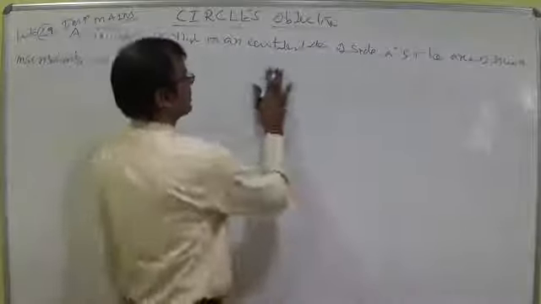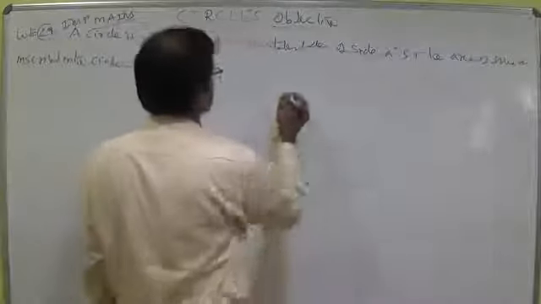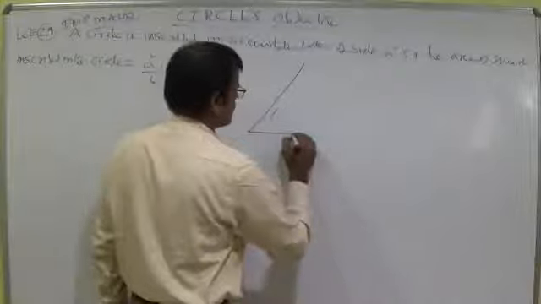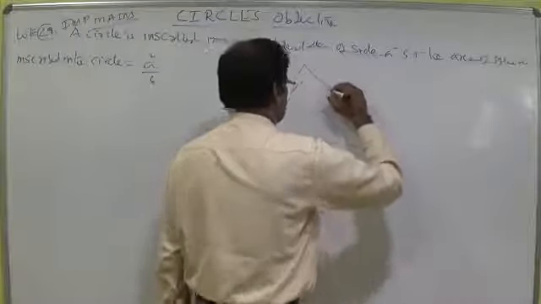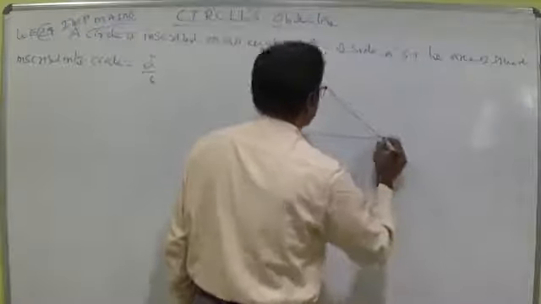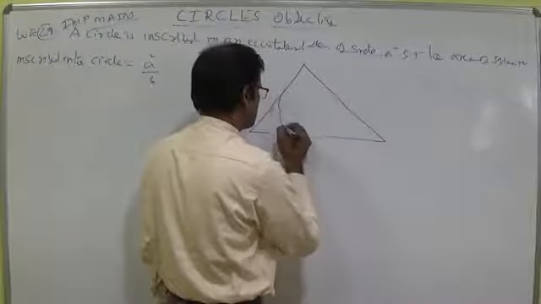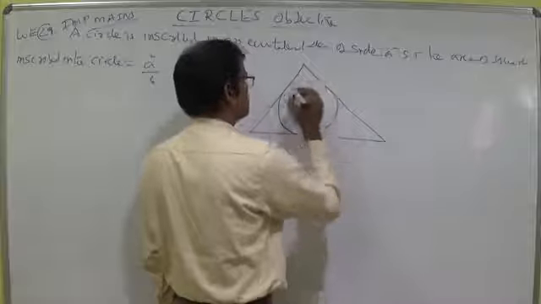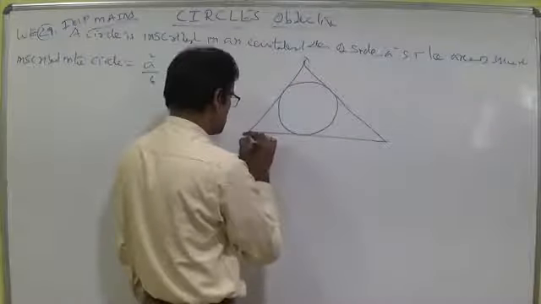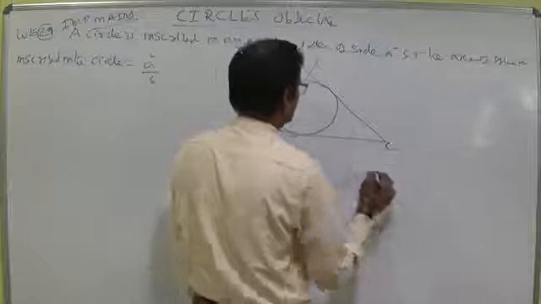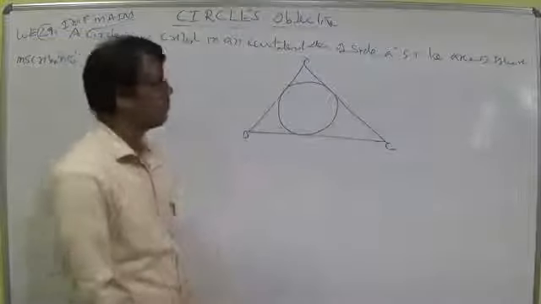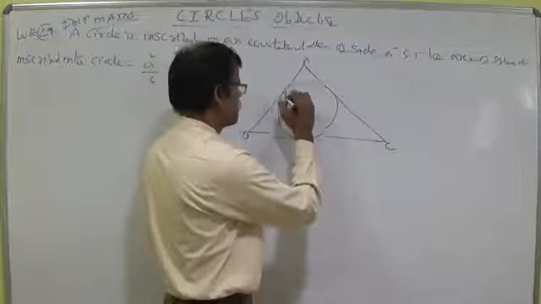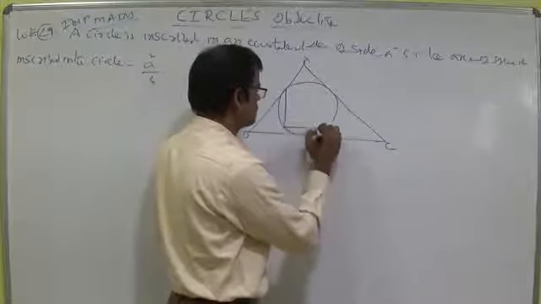It depends upon many concepts. A circle is inscribed in an equilateral triangle. Let us draw the triangle. In the triangle, a circle is inscribed. Put here names A, B, C. In the circle, a square is inscribed.